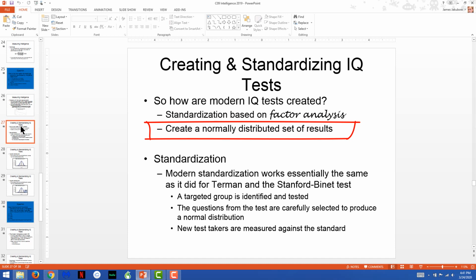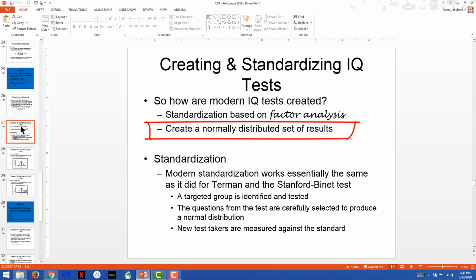As a result, most of the IQ tests that are generated are specifically designed in a way to force a normal distribution to be generated from the results so that the test is easier to analyze. And you do give some things up, as you might imagine.